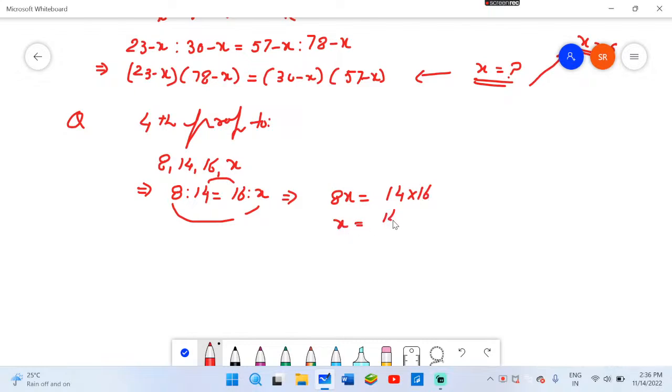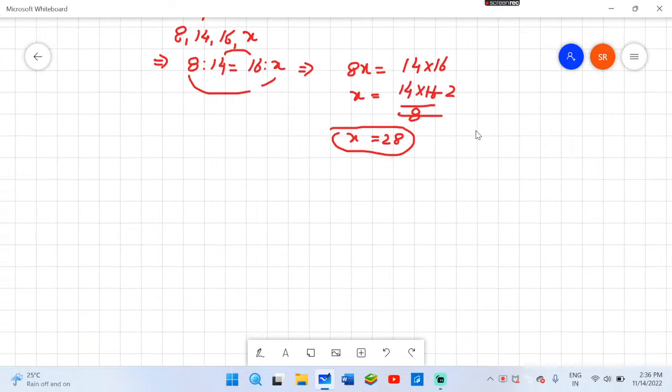So x is equal to 14 into 16 upon 8. 8 2s are 16. x becomes equal to 28. The fourth proportional is equal to 28. So a very easy sum.